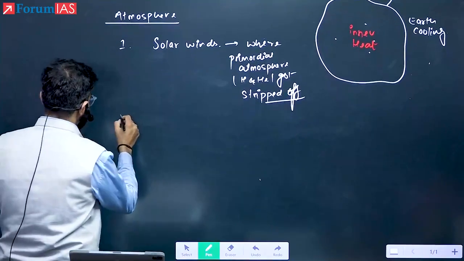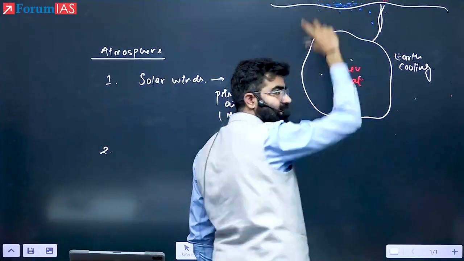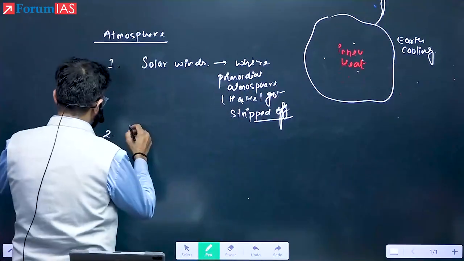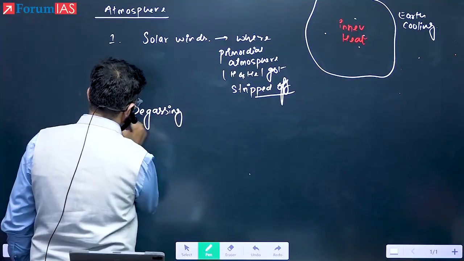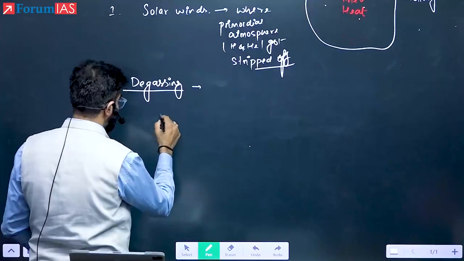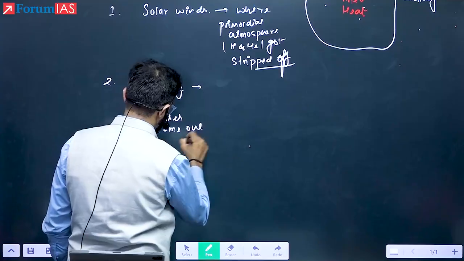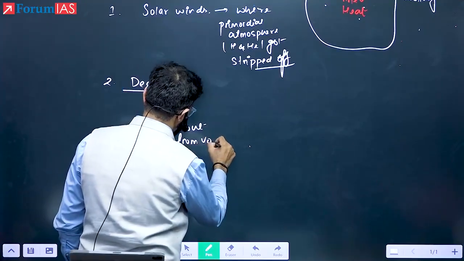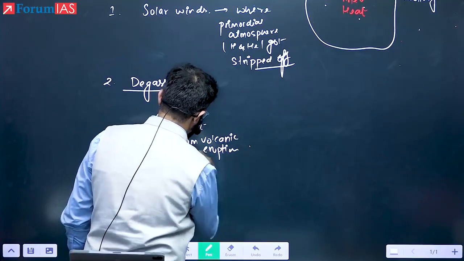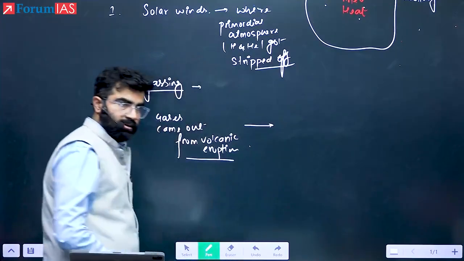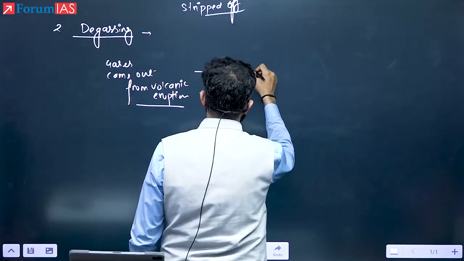Number two, this process which I was repeating, is known as degassing, where the gases were released from the inside. So what happened in the degassing process? The gases were released, came out from volcanic eruption. Then, the more important gas was water vapor.